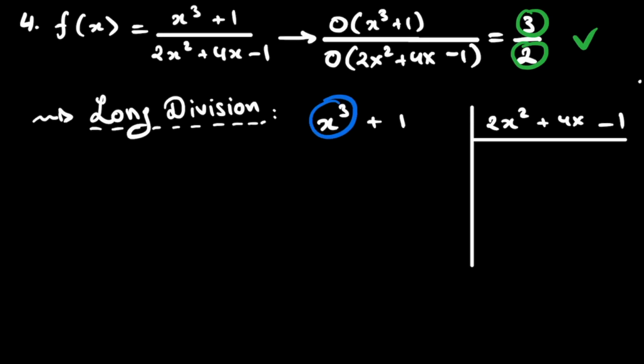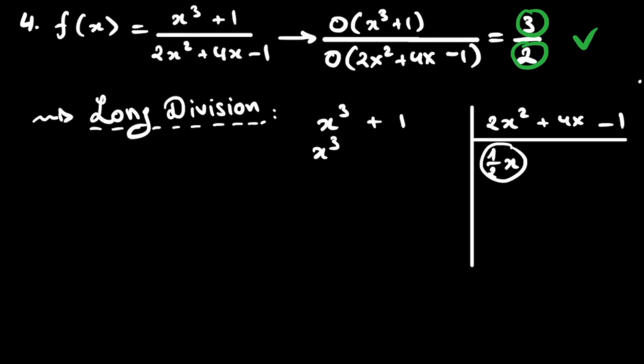First, we divide this x to the power of 3 by this 2x squared, and the result will simply be 1/2 x. Then we multiply what we found with each of these 3 terms in our dividing polynomial, and we write the result beneath our original polynomial. So we have 1/2 x times 2x squared, this of course becomes x to the power of 3.